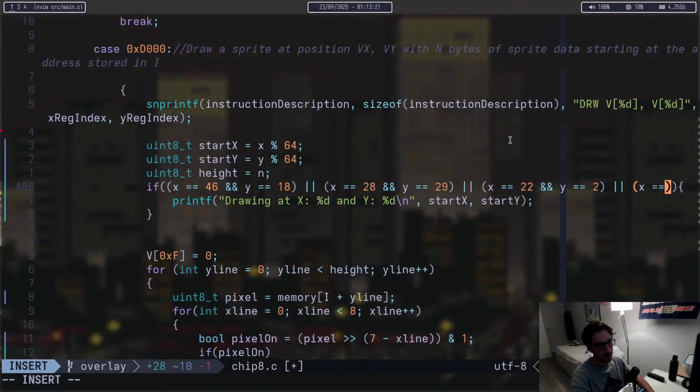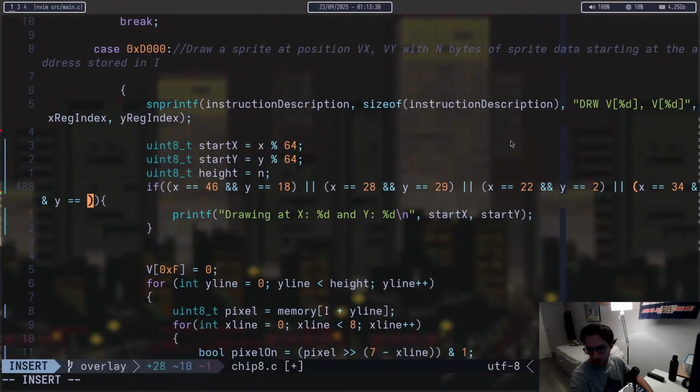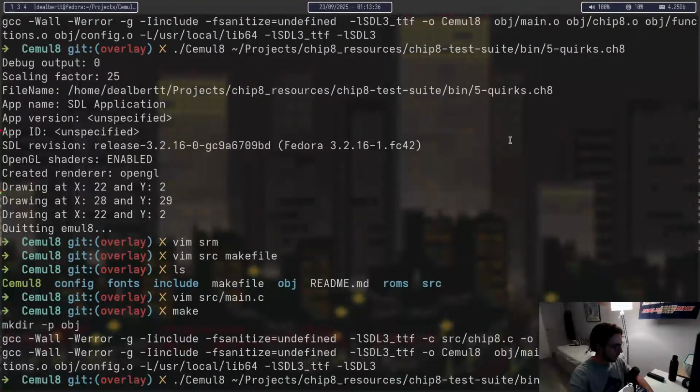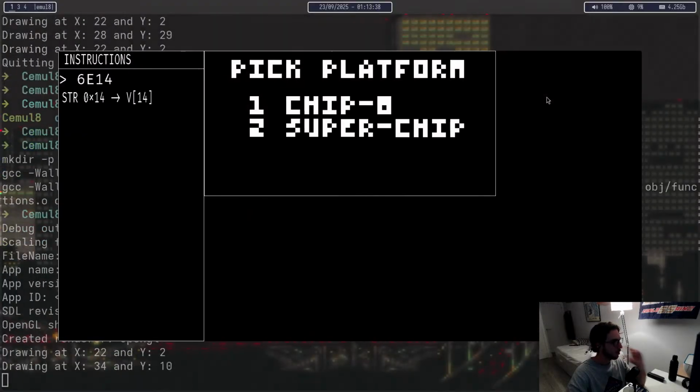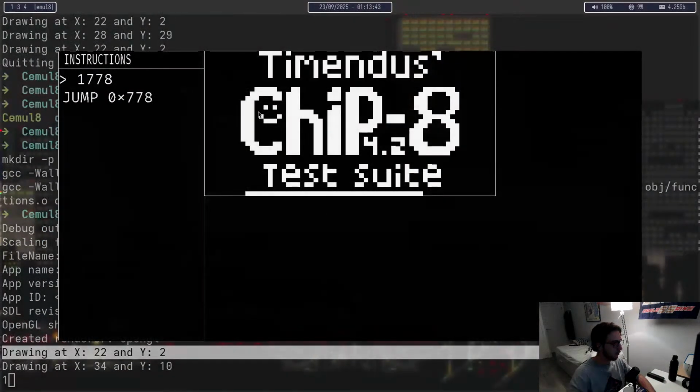Or x equals 34 and y equals, I'll try making a list of values, just a sec, 10. 34 and 10. There we go.